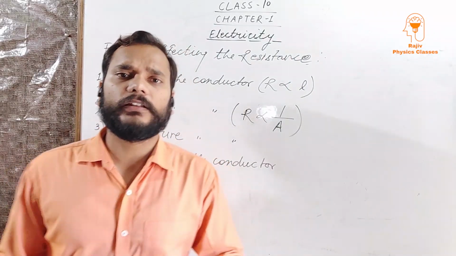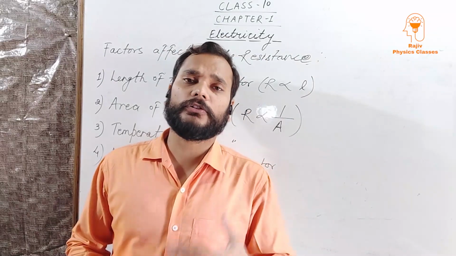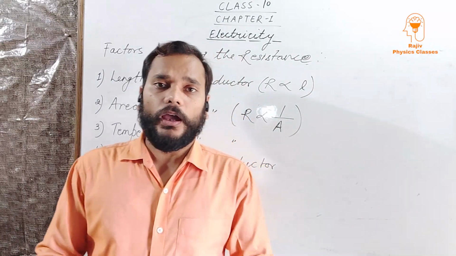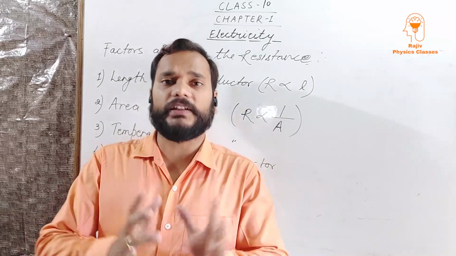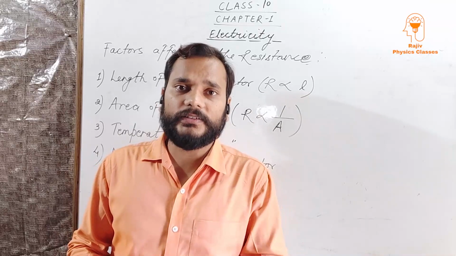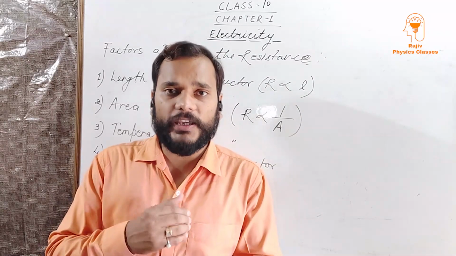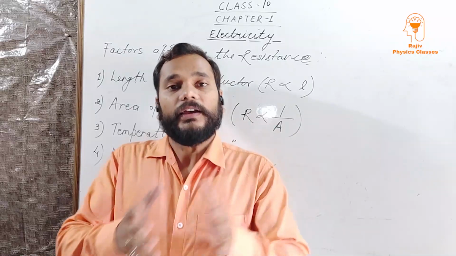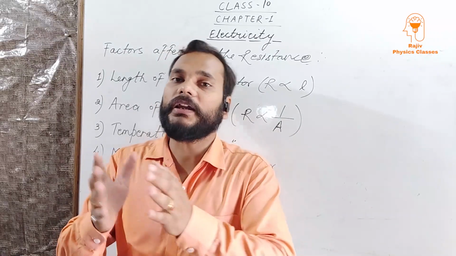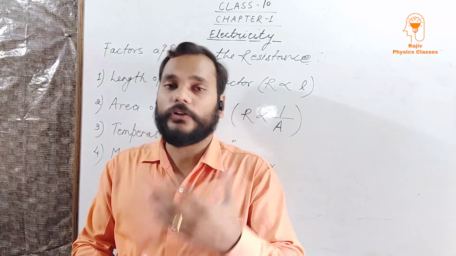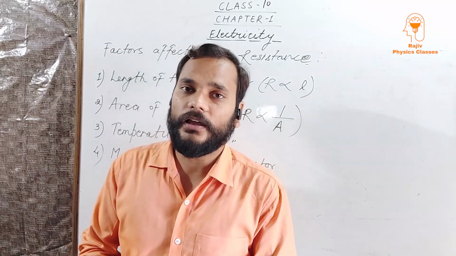As we all know, silver is the best conductor of electricity. There are different materials, different metals, and for different materials of the conductor, the resistance will also be different. So resistance also depends on the material of the conductor.